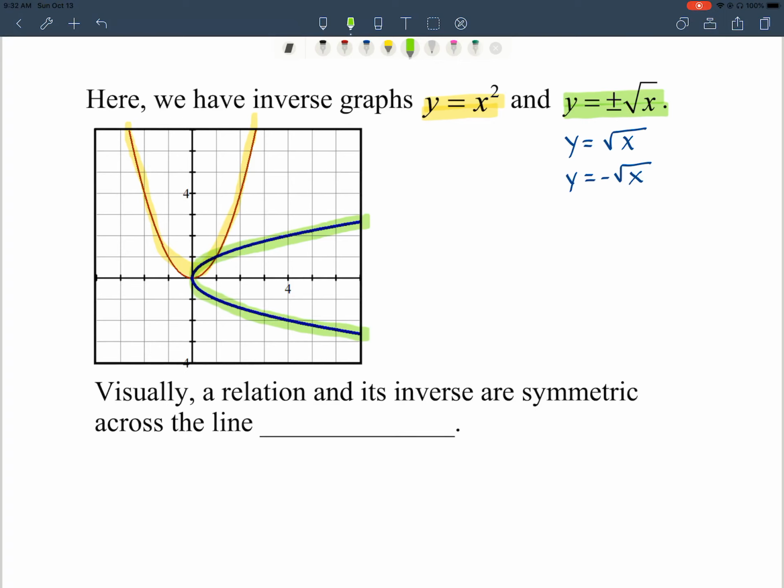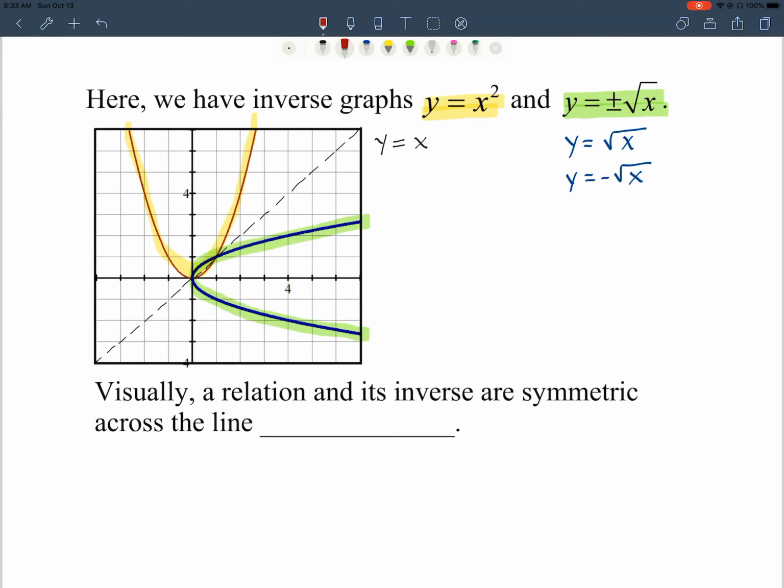So these we would consider to be inverses of each other, and we can see it on a graph by looking at their symmetry. Remember, inverse graphs will have symmetry across this line that runs right up through here, kind of diagonally on the coordinate plane. The equation of that line is y equals x.